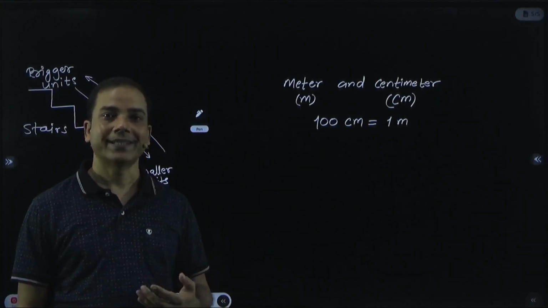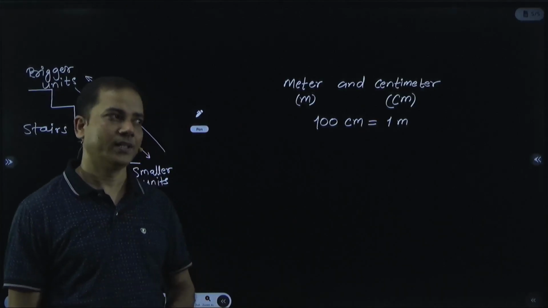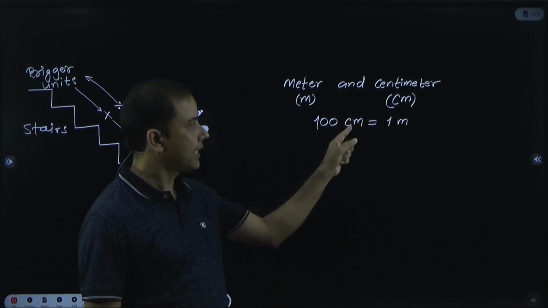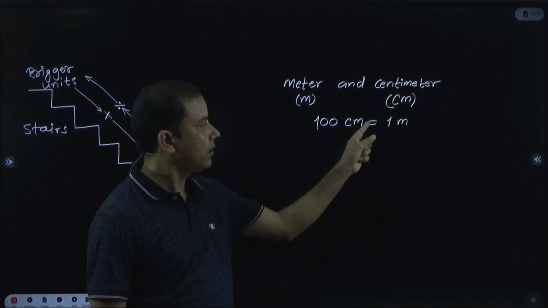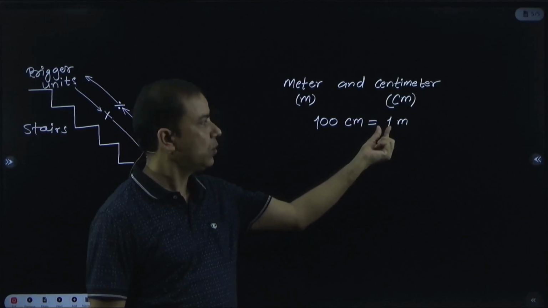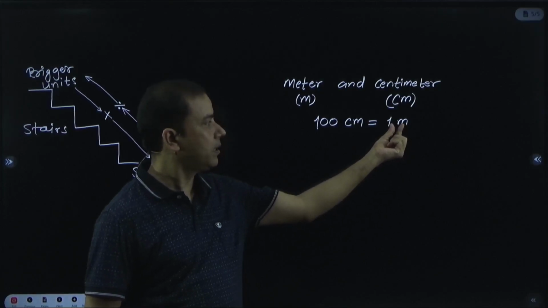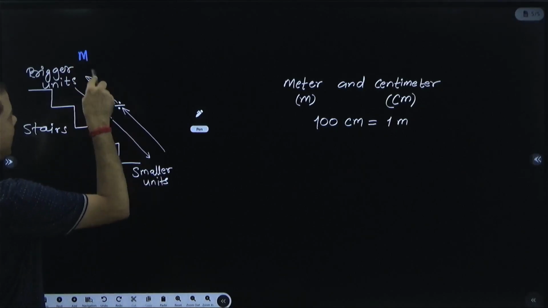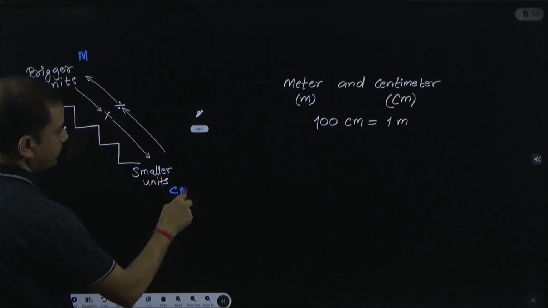Let's use the same rule. Bigger the number, smaller the unit. So centimeter is smaller. Smaller the number, 1 is smaller than 100, so smaller the number, bigger the unit. Meter is bigger, will go on top, and centimeter is smaller, will be in the bottom.